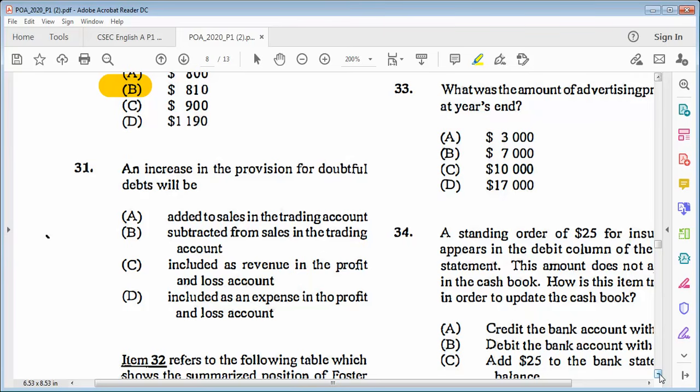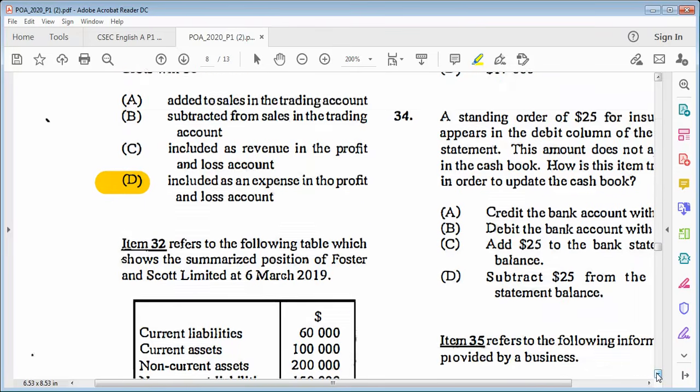So we know that it would be D, included as an expense in the profit and loss account. So that would be our answer. D. Let's go on to number 32 now.